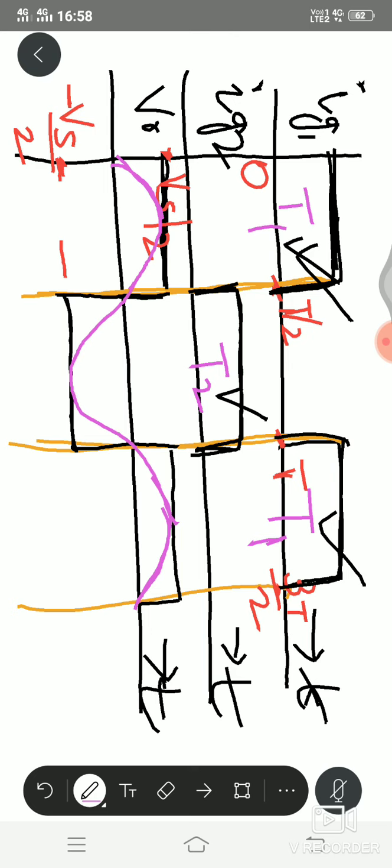This dark black line is showing that the waveform we are getting is not a pure sine wave, but if we filter out the noises and harmonics, finally you will get this pink colored waveform, which I am showing on the screen, which is nothing but a pure AC.